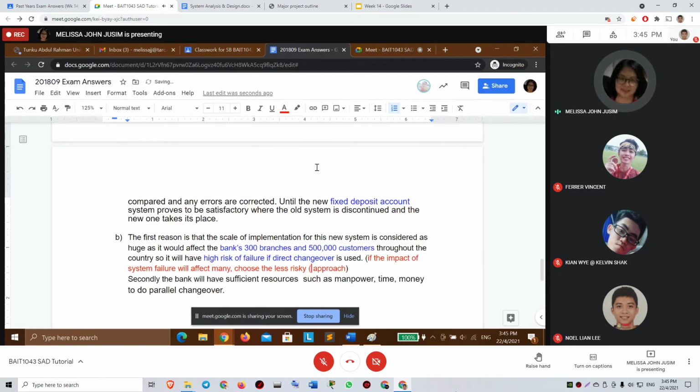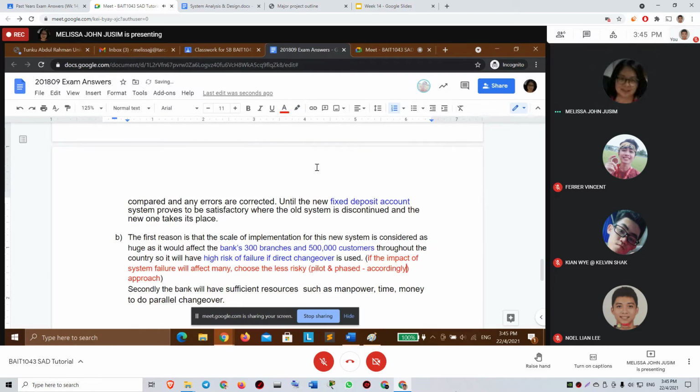Like in this case, we have pilot and phased, just as an example. But then again, it depends on the scenario. I choose the most, can we say most less risky? Is there such a word? No.